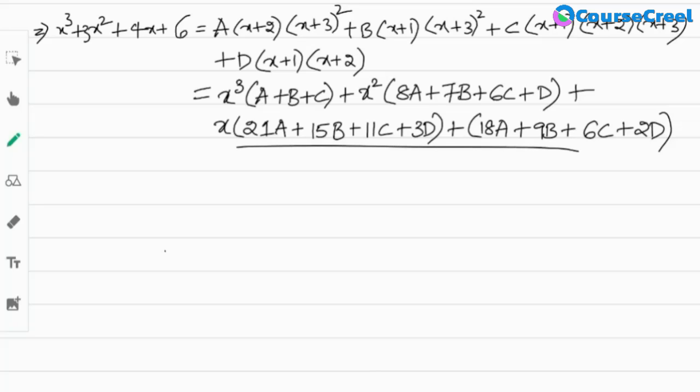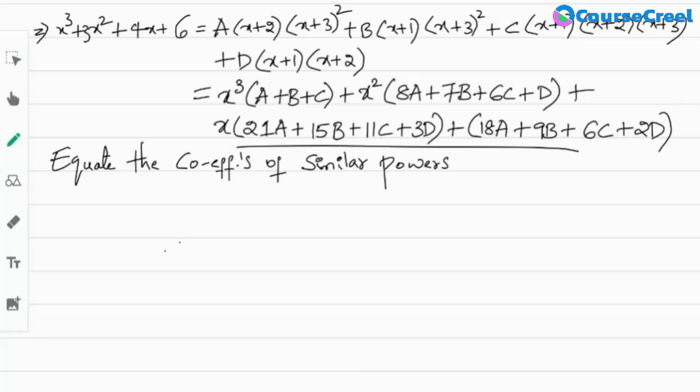Now, we need to equate the coefficients of similar powers of x on both sides.